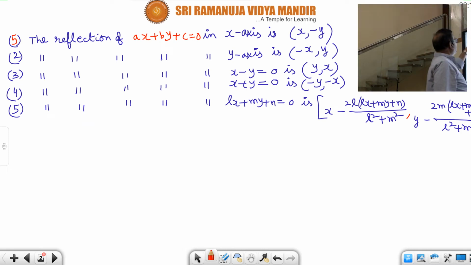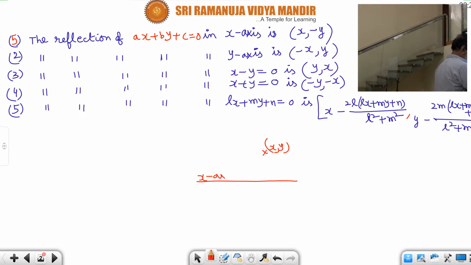So, the fifth formula is the reflection of ax plus by plus c is equal to 0 in x-axis. So, first of all, ax plus by plus c is equal to 0 is a line. X-axis is also a line. So, what is meant by reflection of a line in another line? Previous one, x comma y is a point.